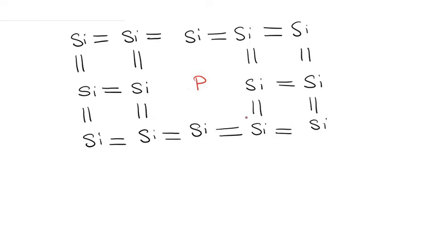So basically what is happening here is phosphorus is replacing a silicon atom. For example, there could have been a silicon atom here in case of an undoped silicon crystal structure, and it would have been bonded with the neighboring silicon atoms like this. But phosphorus is basically replacing this silicon in the crystal structure, and it is now sitting here.